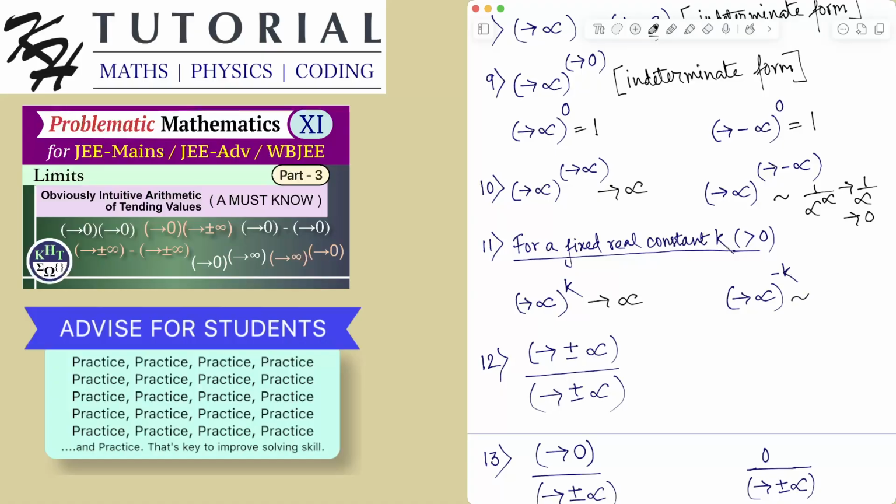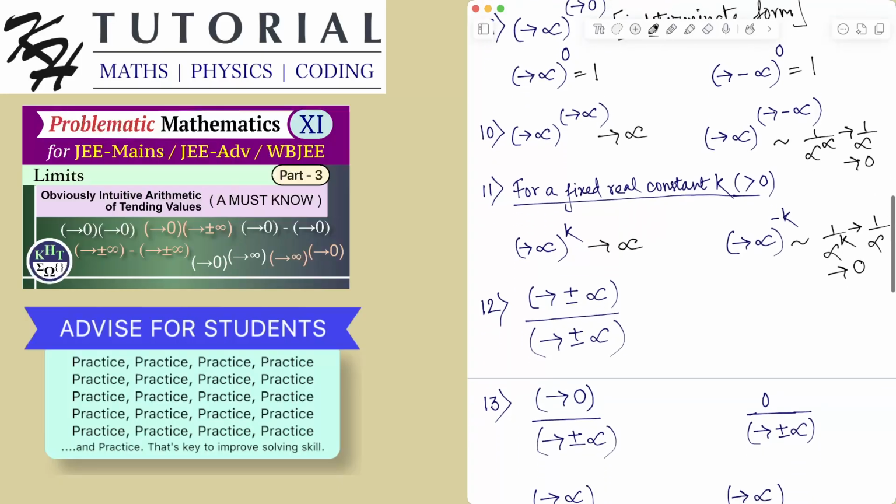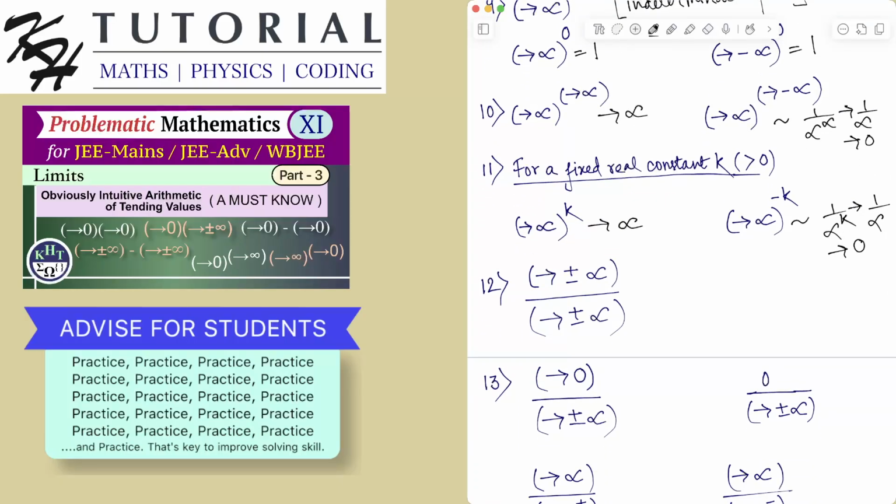Equivalently we can say 1 by infinity to the power k, and this will tend to 1 by infinity, since infinity to the power k is tending to infinity. So 1 by infinity will tend to 0. So infinity raised to the power minus k, where k is some positive real constant, will tend to 0.